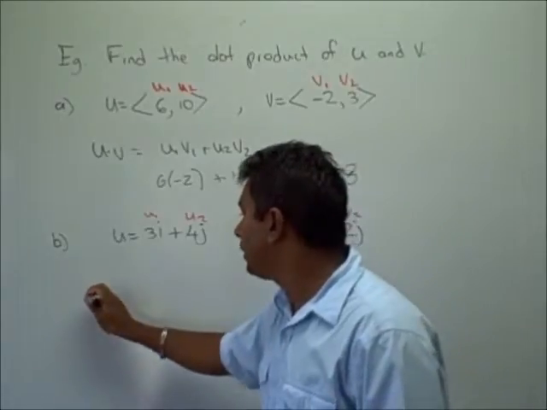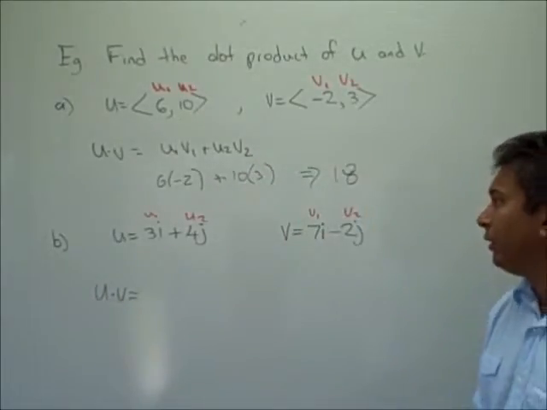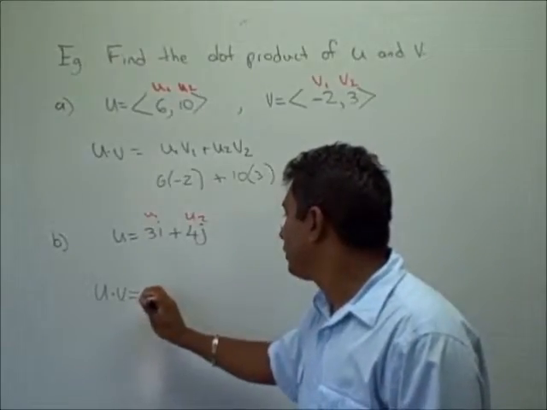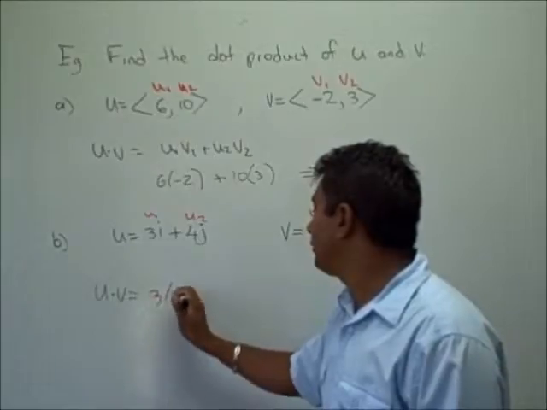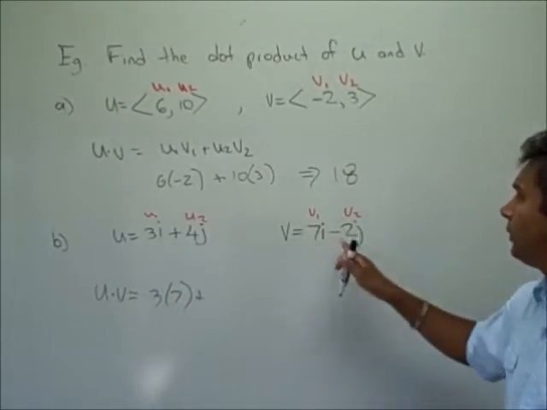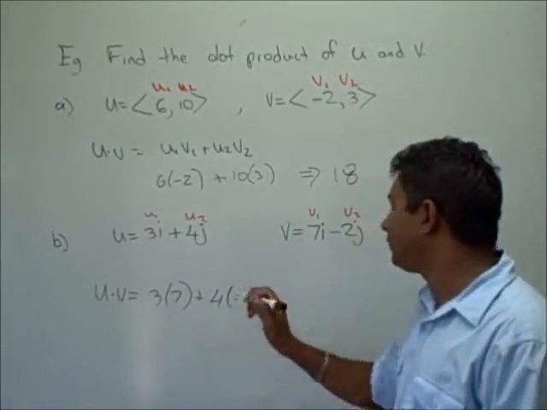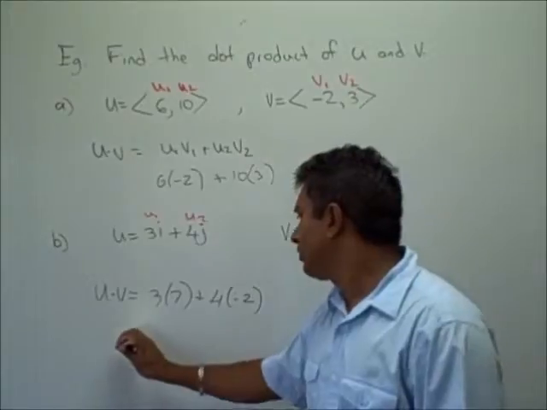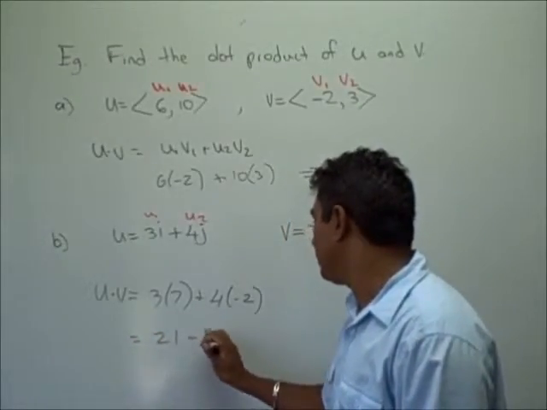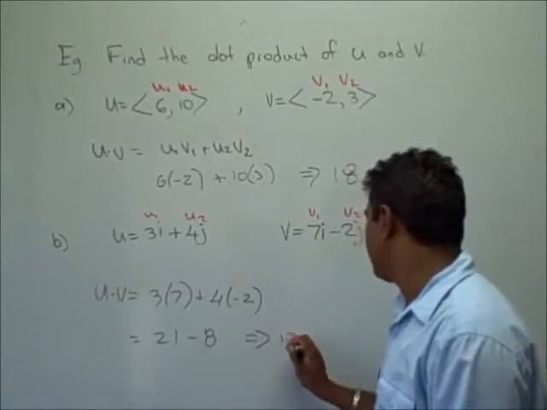So u · v is equal to u1 times v1, which is 3 times 7, plus u2 times v2, which is 4 times -2. So this becomes 21 minus 8, which is equal to 13.